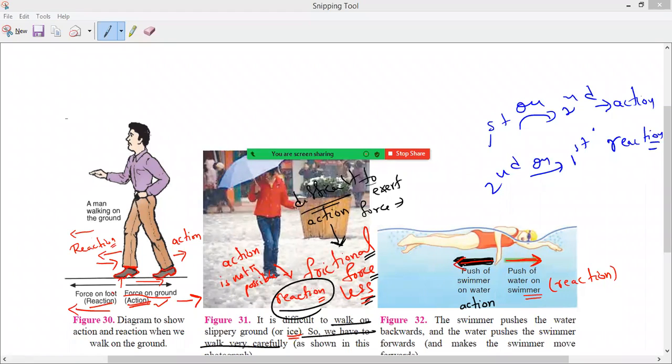Either they can produce more acceleration or less acceleration. We cannot predict whether it is exerting more force or not. That is what you have to understand and note down.